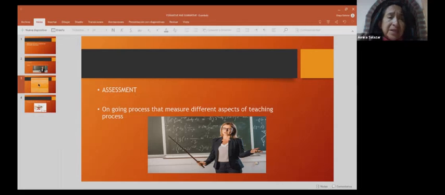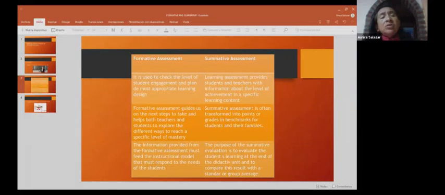Another difference about these two kinds of assessment is that formative assessment checks the level of students' engagement, whereas summative assessment is about the level of achievement in a specific learning context.